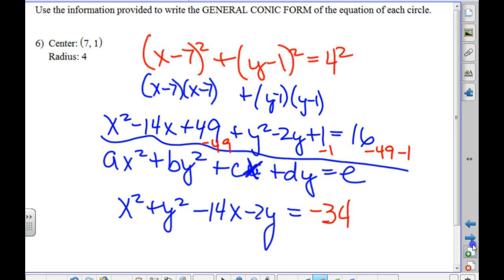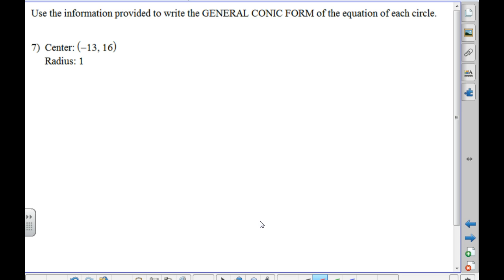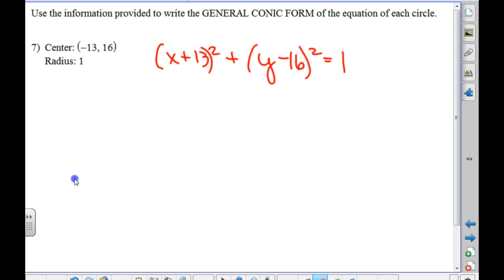So can you FOIL one more out on your own? Can you do that one? Might need a calculator. Is it 256? 16 squared? Yes. I need a calculator because I can't subtract.